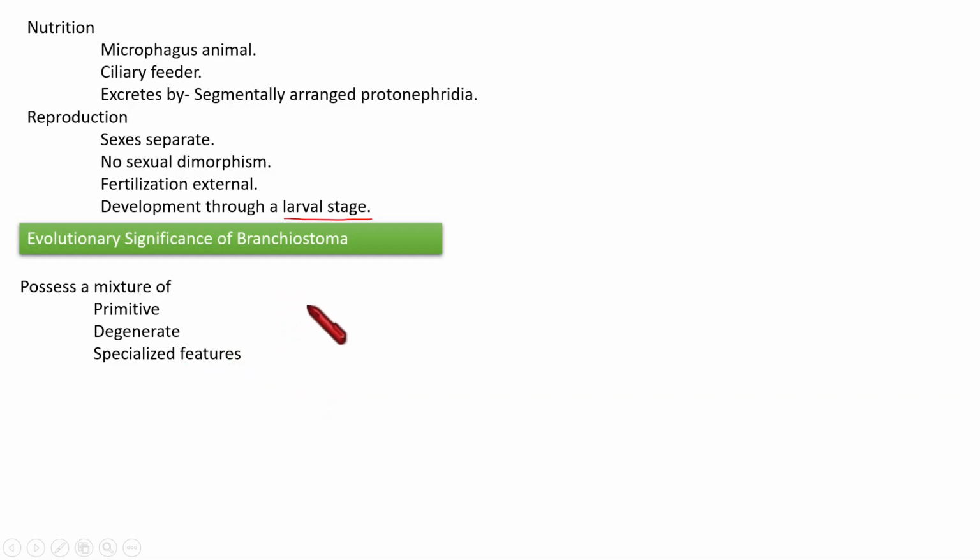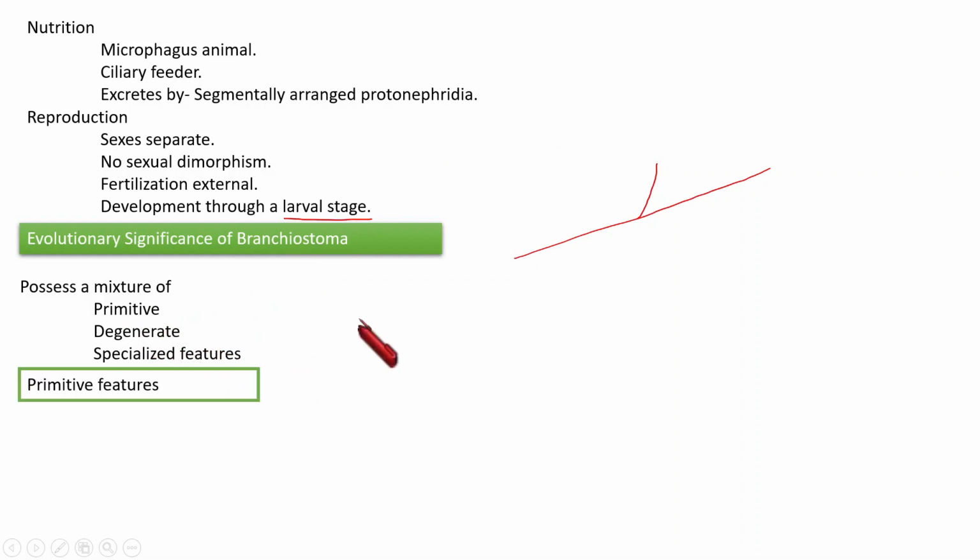It is not considered in the normal line of the evolution course. Instead, it is considered as an outshoot from the normal line of evolution, as it possesses a mixture of primitive, degenerate, and specialized features.